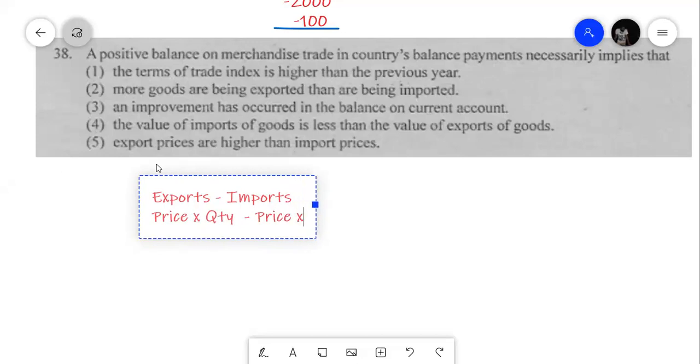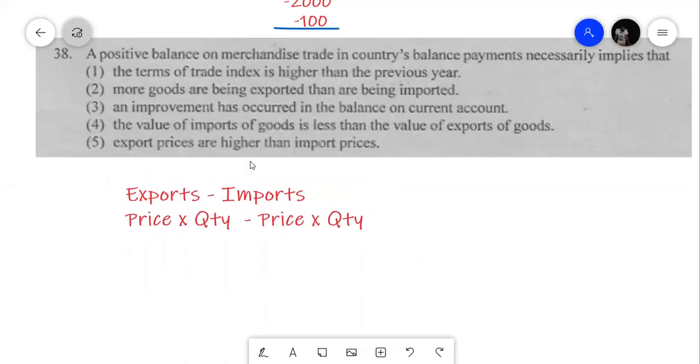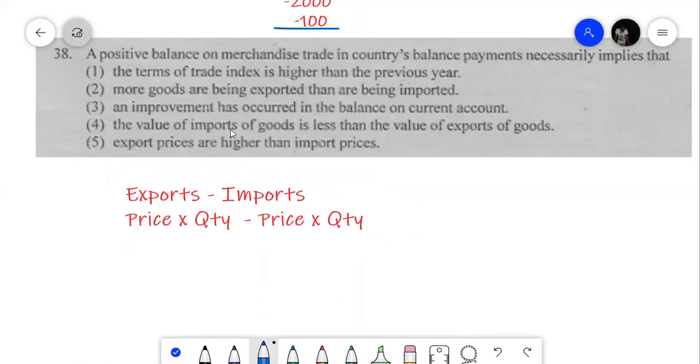The price of your imports multiplied by the quantity. So when you get this, you get the value. That's how you get your balance of trade. So in this context, for this to be a positive number, terms of trade doesn't really come in because terms of trade only talks about the price. More goods are being exported than being imported. You can't really say that, guys, because when you say more goods, we're only talking of the quantity here.